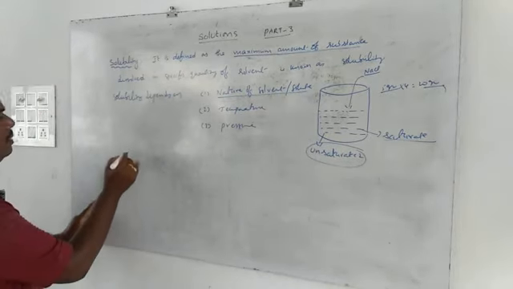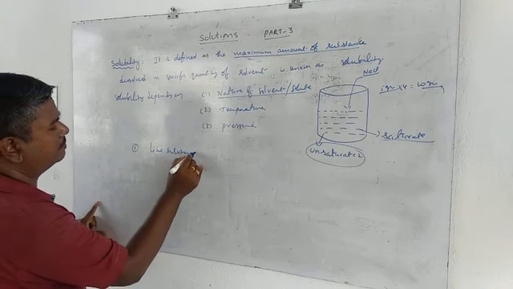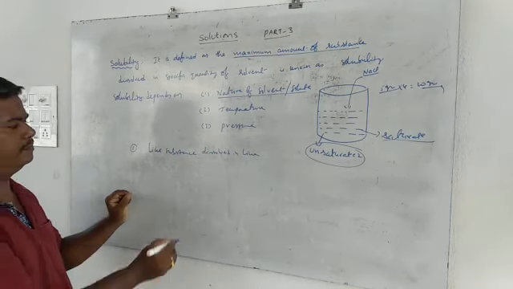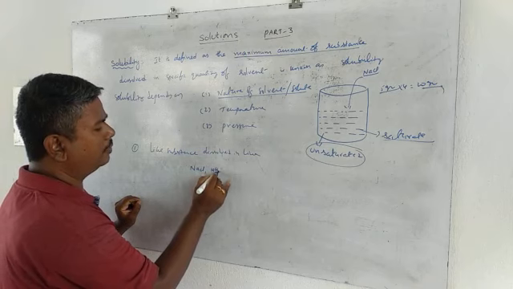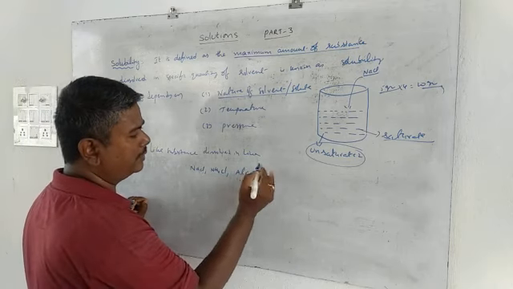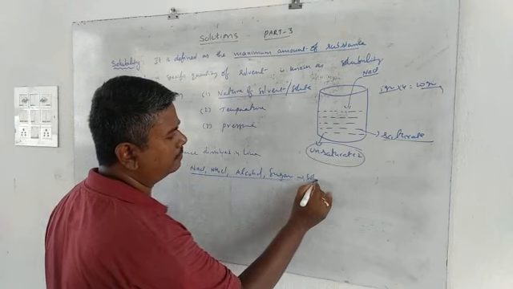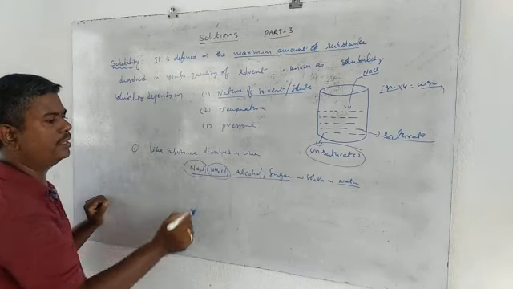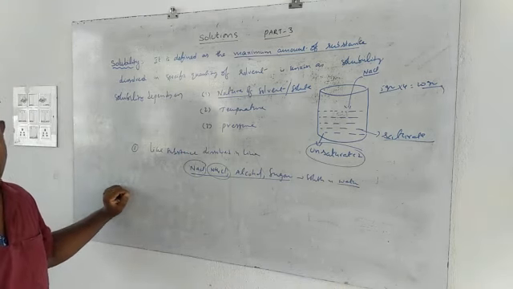Like substances dissolve in like ones. That means sodium chloride, ammonium chloride, alcohol and sugar, these substances are soluble in water, whereas NaCl-like substances don't dissolve in benzene or organic solvents such as ether and carbon tetrachloride.